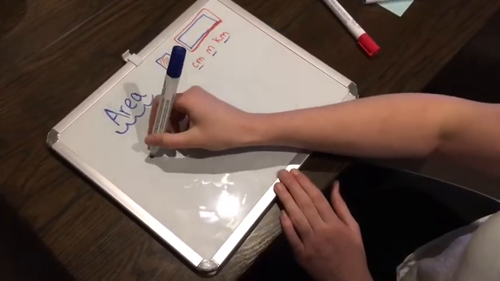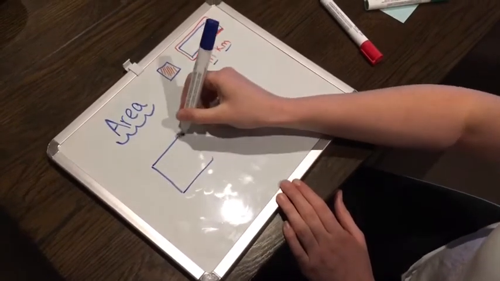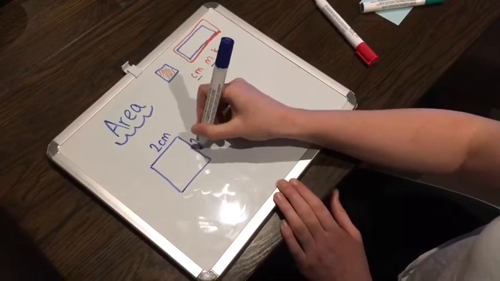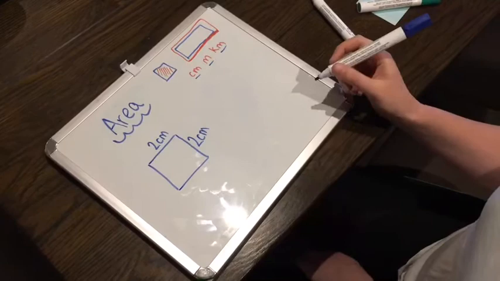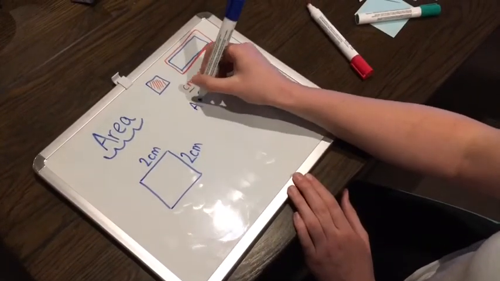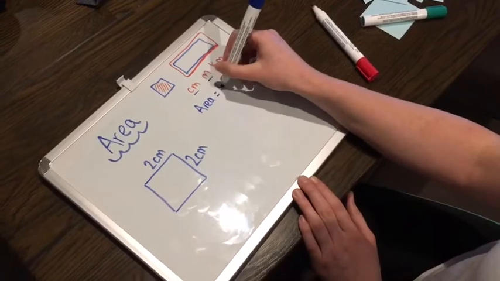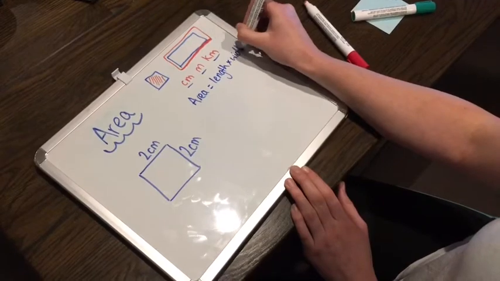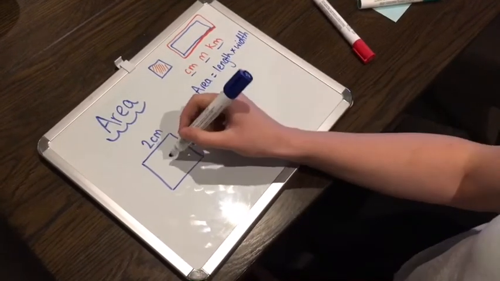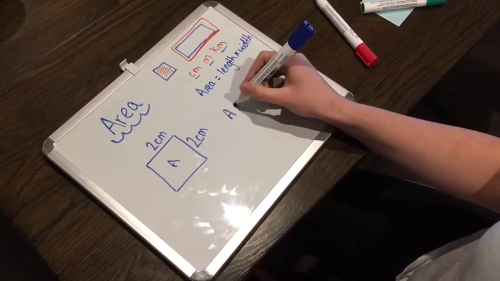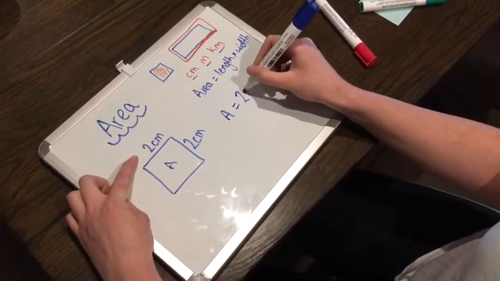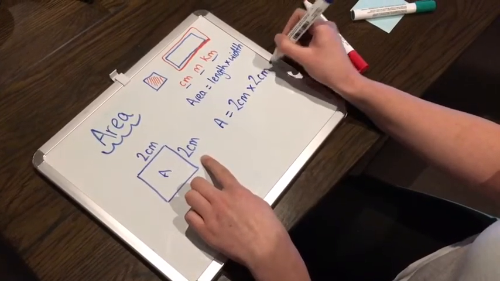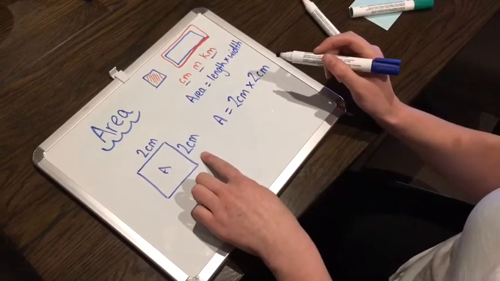So, say we had a square that was 2 centimetres on each side. Remembering that area equals length times width, we would go, our area of our shape equals 2 centimetres for our length and 2 centimetres for our width.